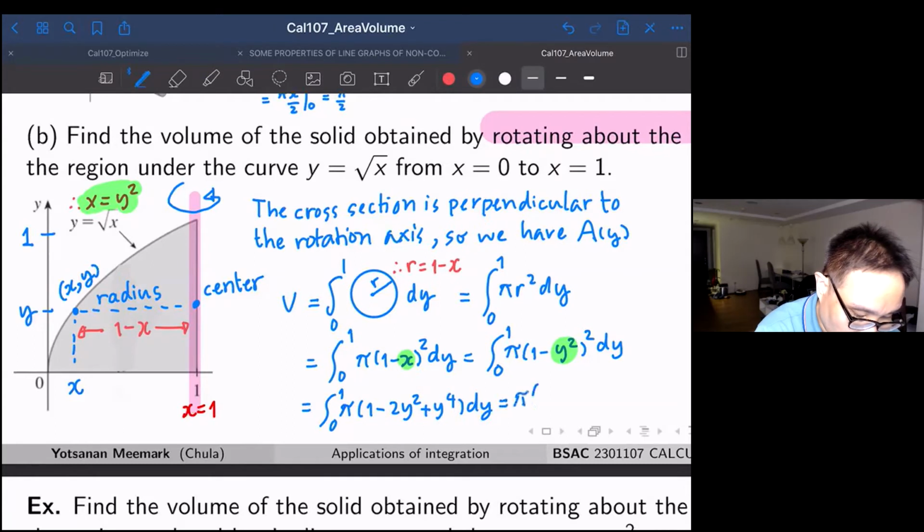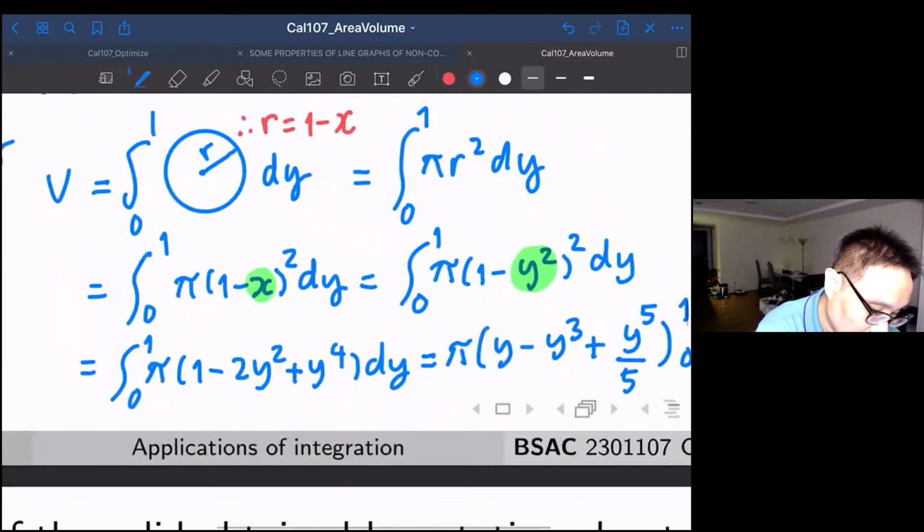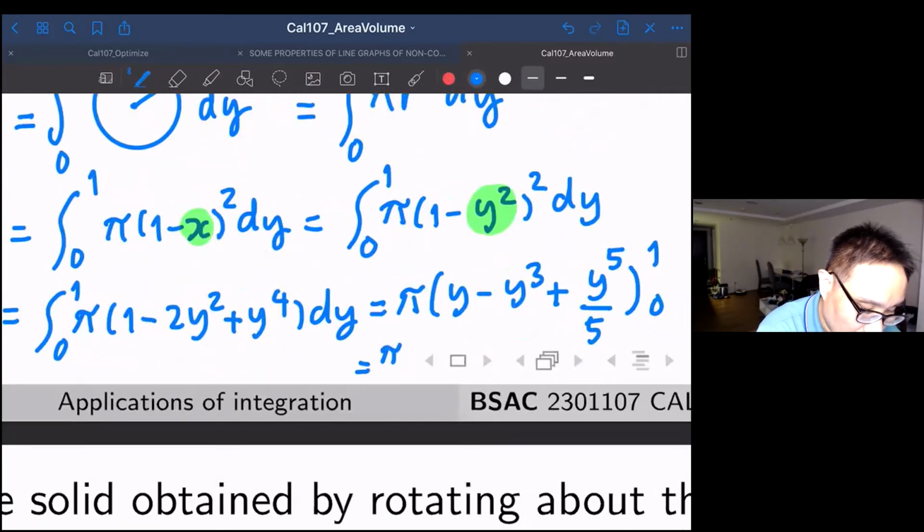And you would integrate this guy. So it's going to be pi times y minus 2y cubed over 3 plus y to the 5th over 5, from 0 to 1. Sorry, it's going to be 2/3, let me write this one again.